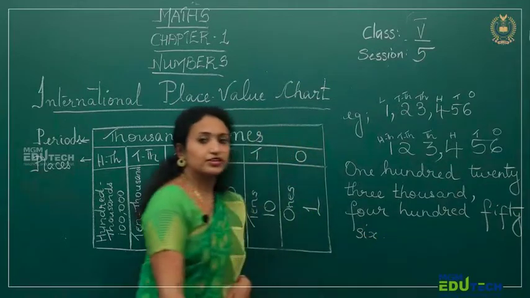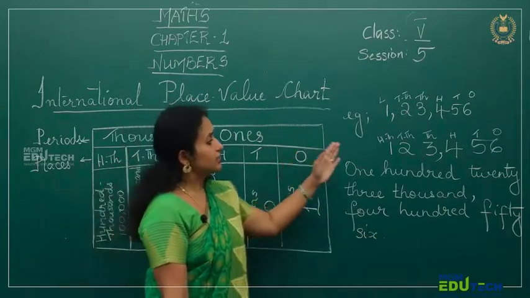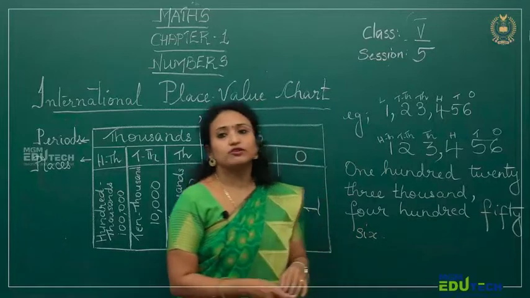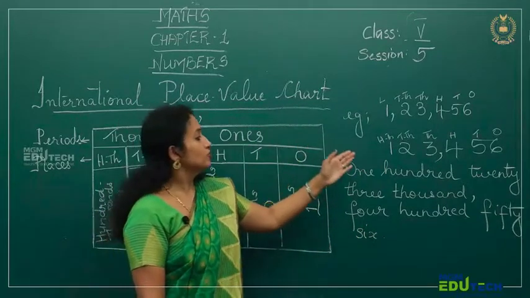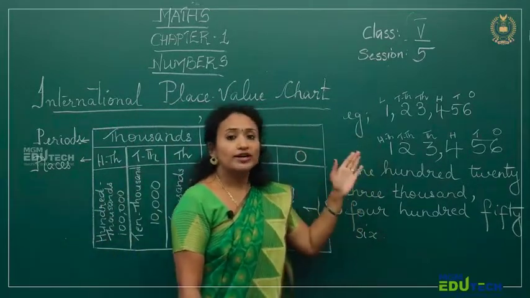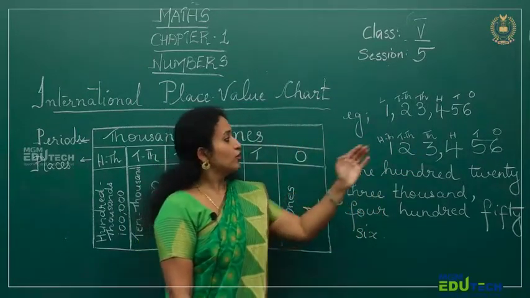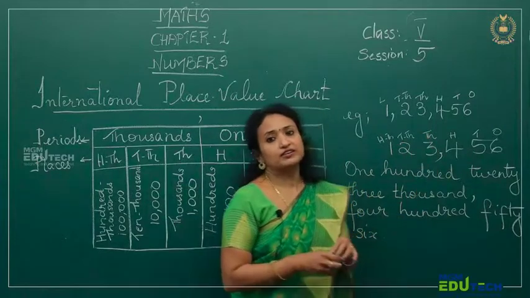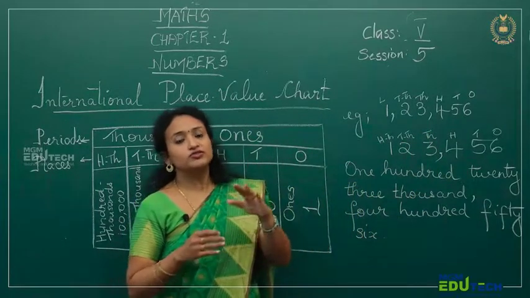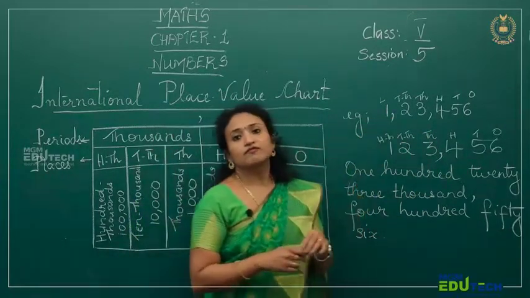So what is this number in the international way? According to the international place value chart, how do you read this number? You read this number as 123,456. This is equivalent to our Indian value 1,23,456.